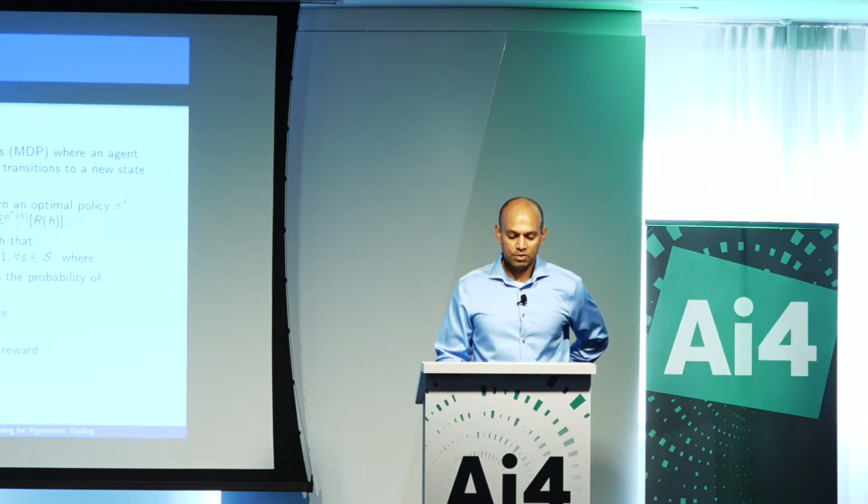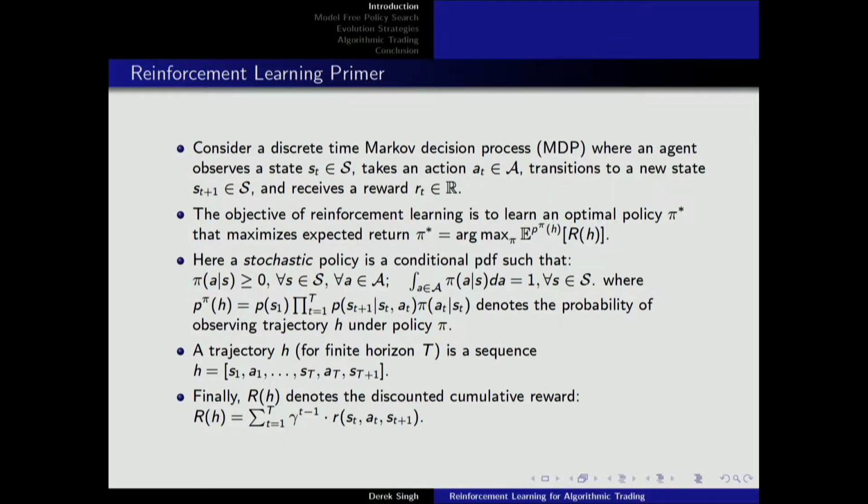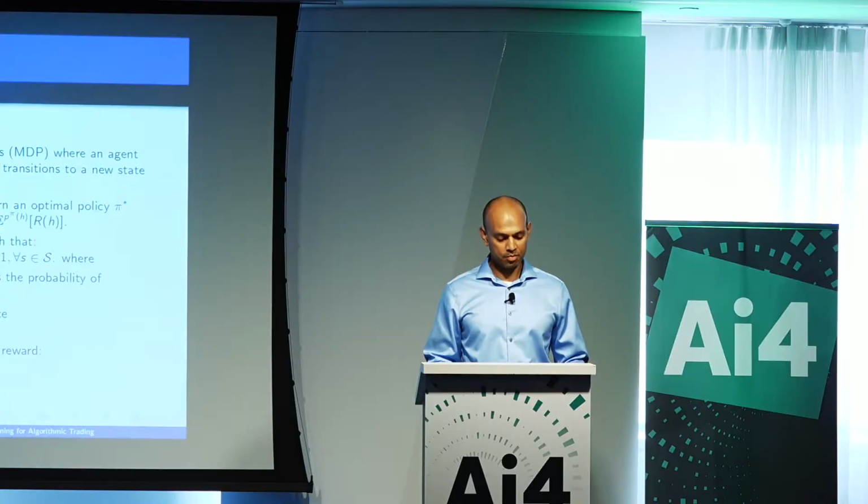Okay, so this is just one slide on reinforcement learning. It's a little bit compact, and like I said, there's a whole lot more to this than just this one slide. This really just scratches the surface. But as I mentioned before, the machinery: we consider an MDP, a Markov decision process, discrete time, where an agent observes a state, S_t, and takes an action, and then transitions to a new state, S_{t+1}.